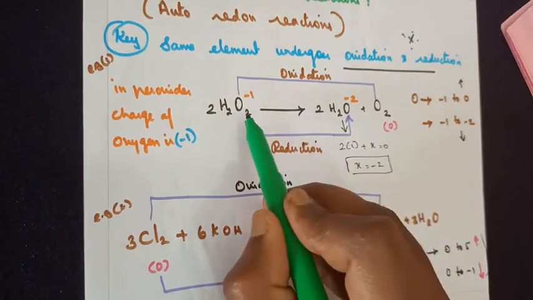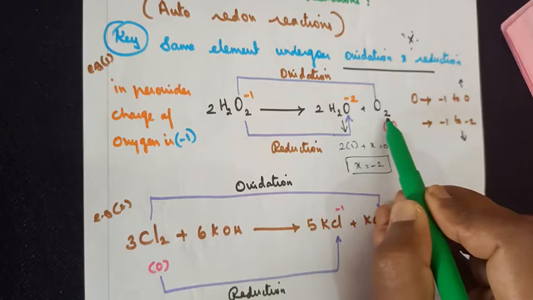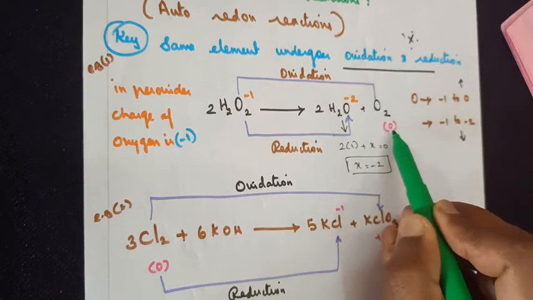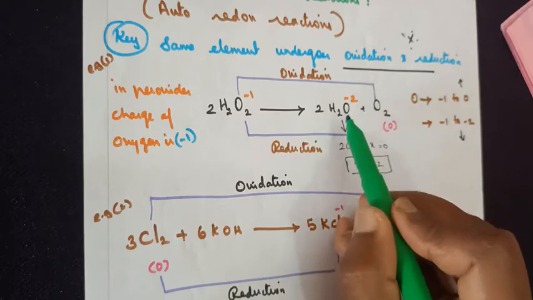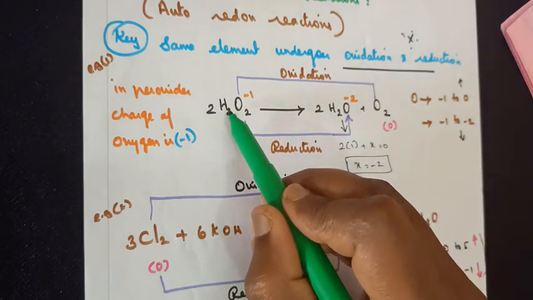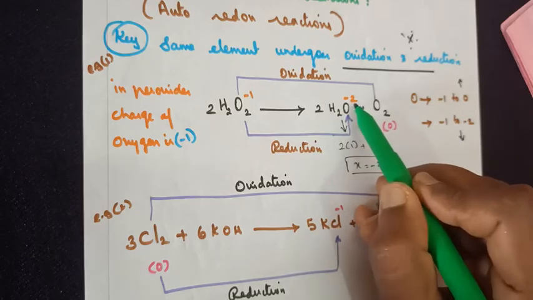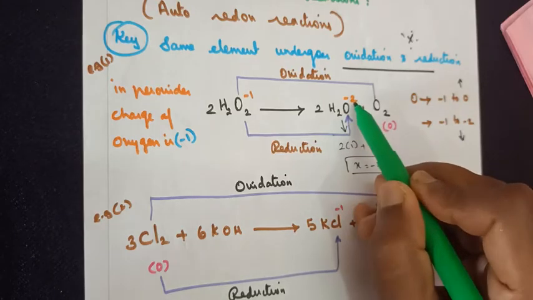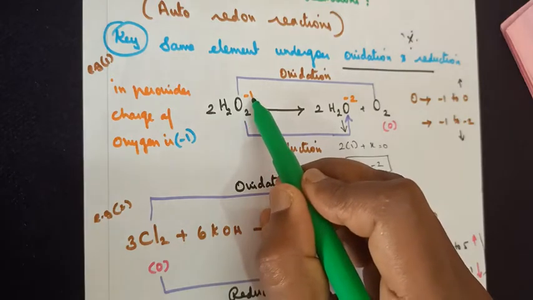If you look at it, oxygen from -1 has reached the elemental state, meaning the oxidation number of elemental oxygen is 0 here. Here it's combined with hydrogen in hydrogen peroxide, and here it's combined in water. So in the combined state, what's the charge of oxygen? -2. Here it's a peroxide, so the charge is -1.